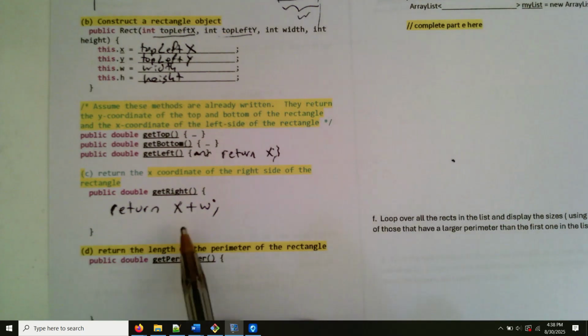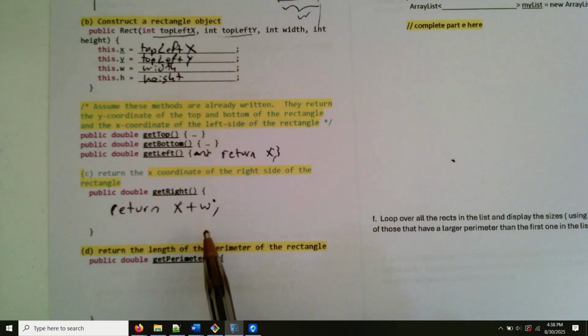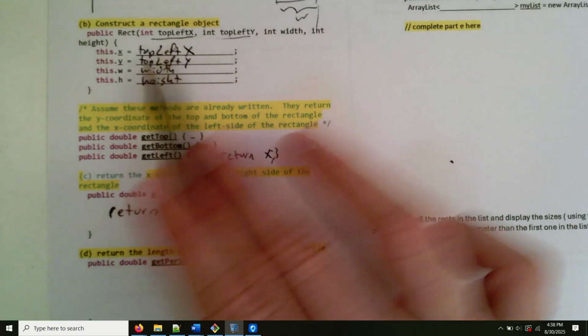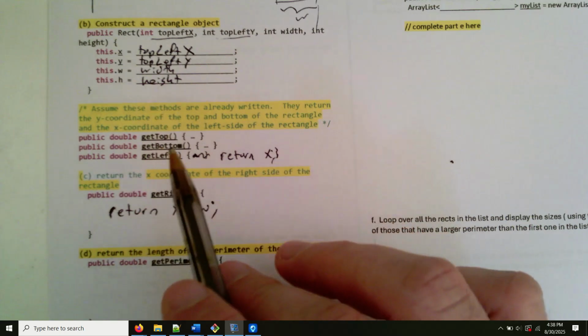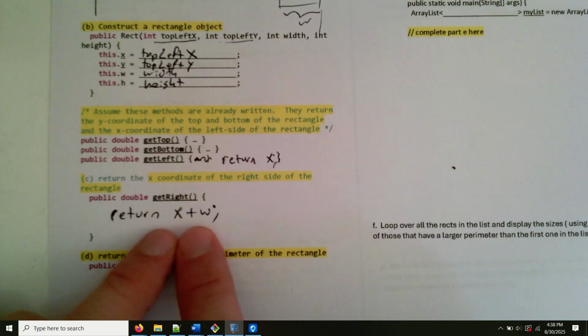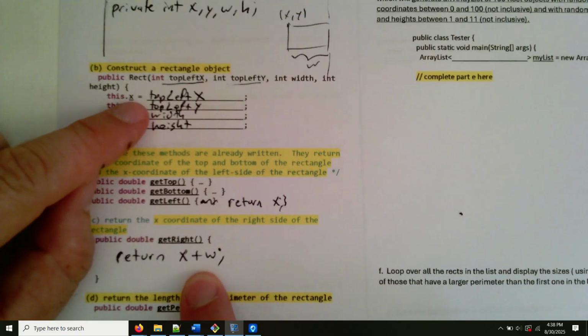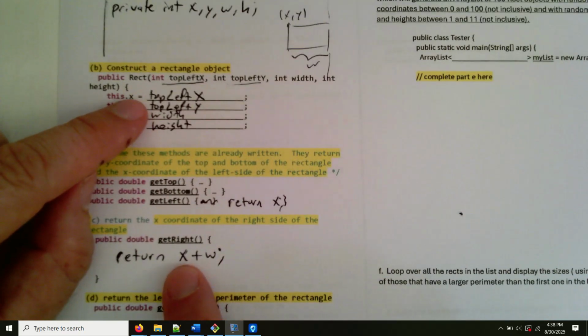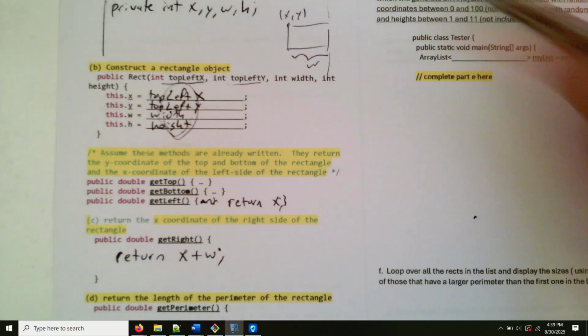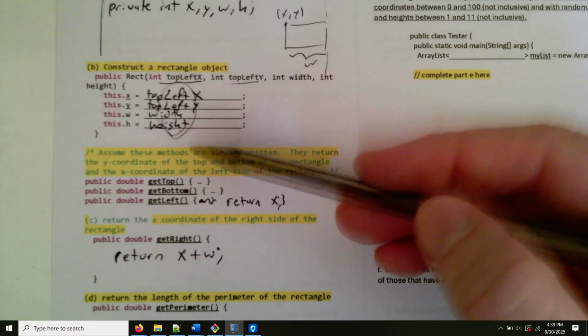You don't have to say this.x and this.w. The keyword this is only required if there are two different variables that have the same name, and so there's an ambiguity. A couple people tried to use these parameters. They tried to say top left x here, or they tried to say width here. These variables don't exist as soon as the constructor is done running.